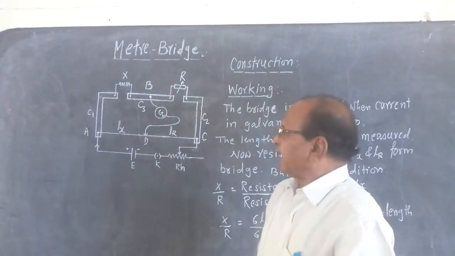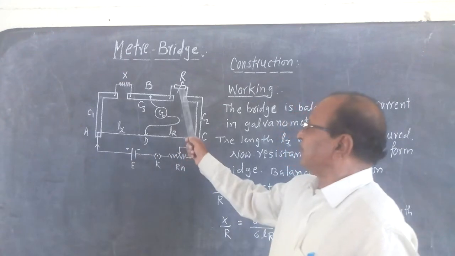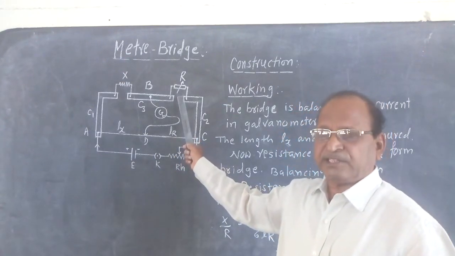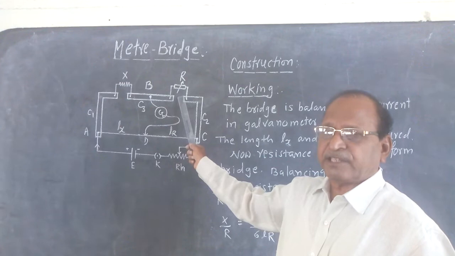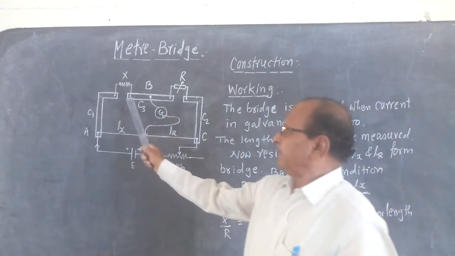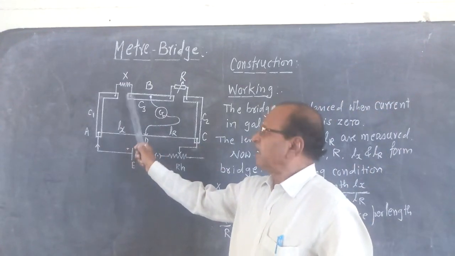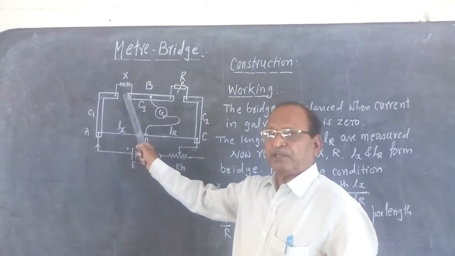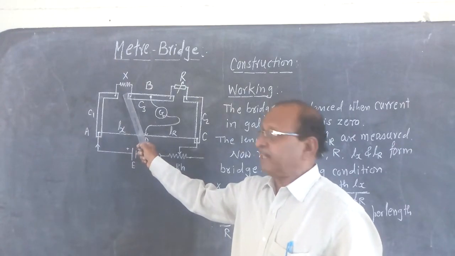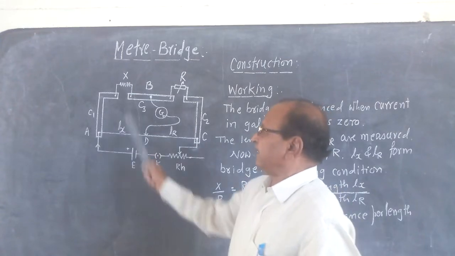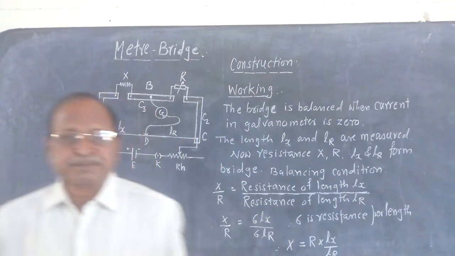In the right gap, a resistance box with known resistance is connected, and in the left gap the unknown resistance which is to be calculated is connected.